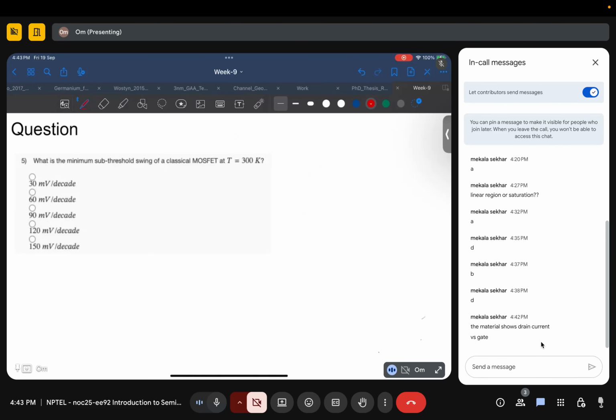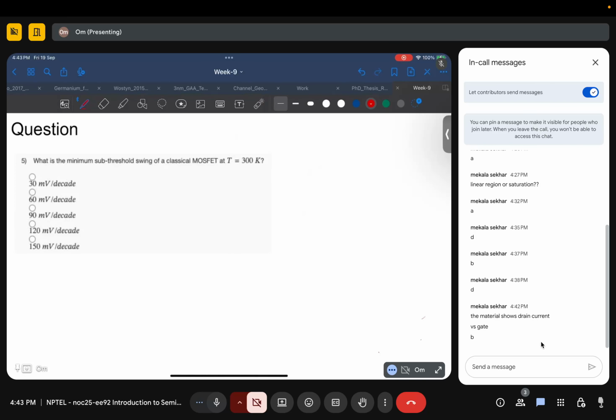What is the minimum subthreshold swing of a classical MOSFET at T equals to 300 Kelvin? Right, it is 60 millivolt per decade. Okay, and if you want to see where it comes from, it is n kT by q times 2.303.